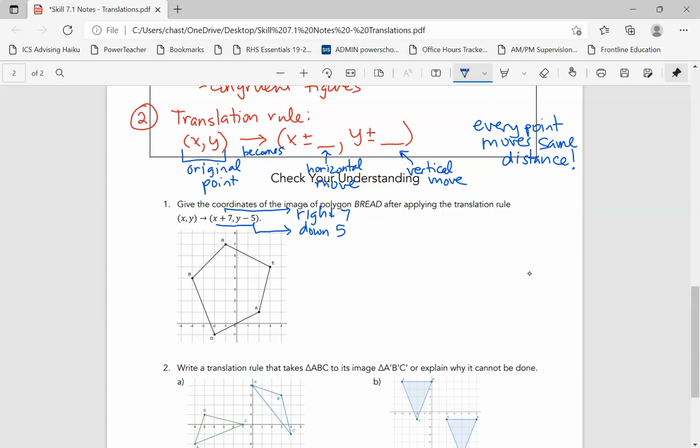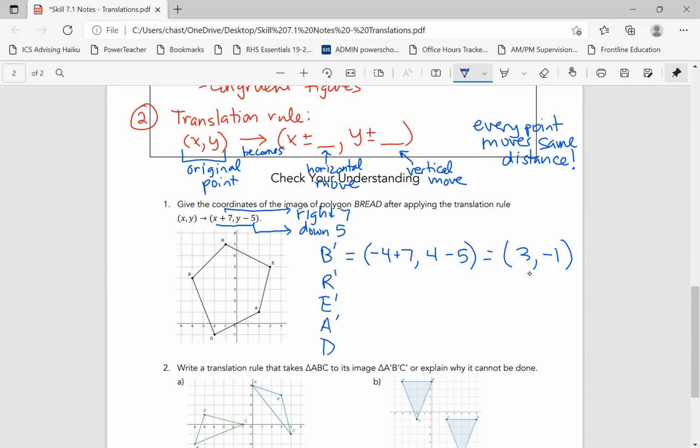Okay, so let's go ahead and plot these. So our point B right now is -4, 4. So B prime is going to be -4 plus 7, 4 minus 5, which gives us 3 comma -1.